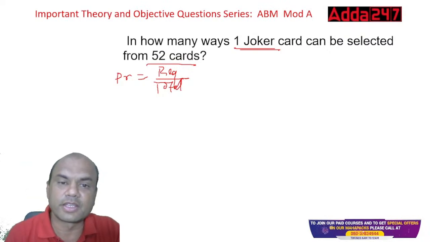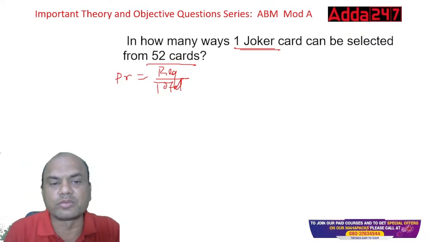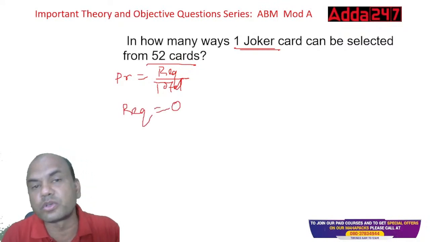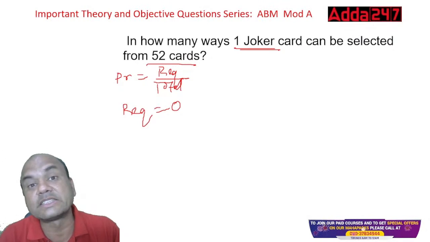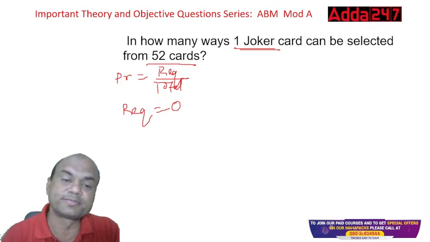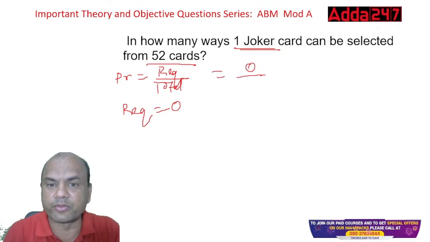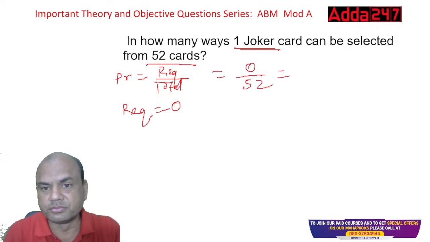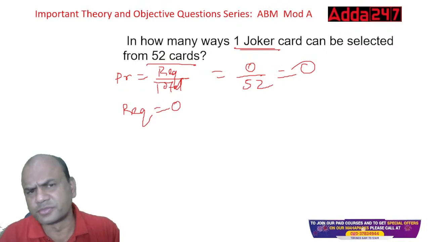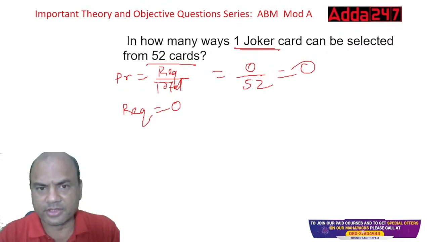There are 0 jokers, because the 2 jokers we have in a pack of cards are separate from these 52 cards. That's why the answer will be 0 upon 52. 0 is the probability.